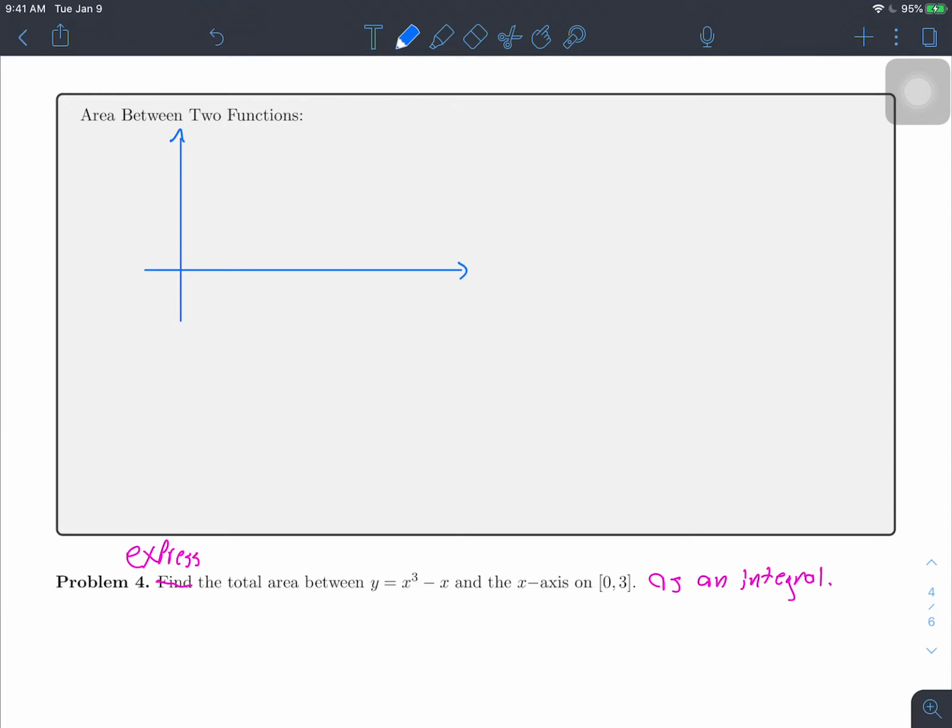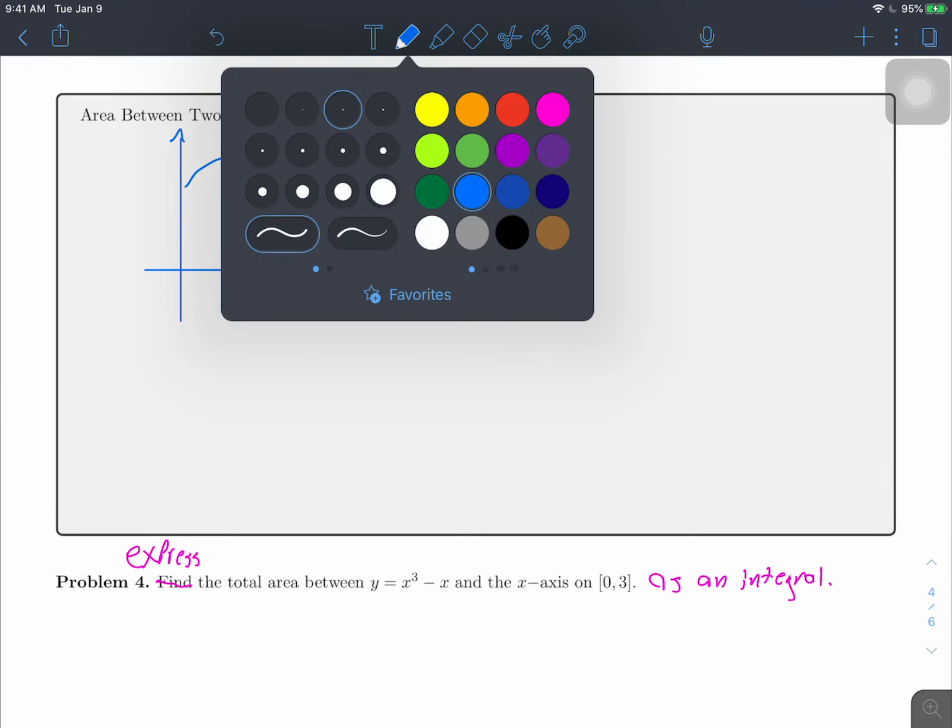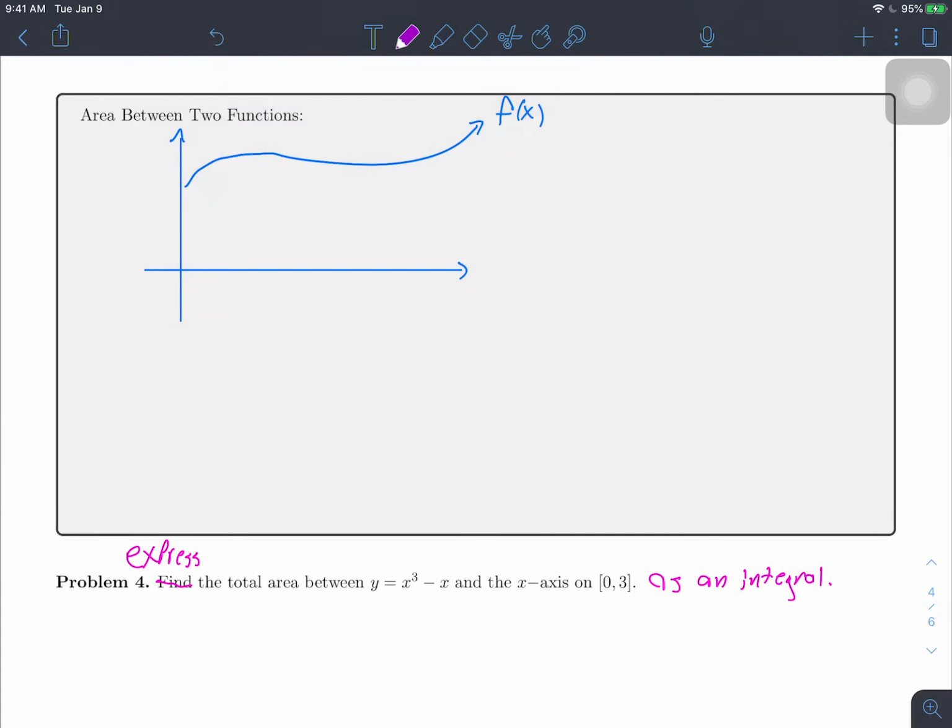Say I have two functions. First function, f of x. Second function, g of x.